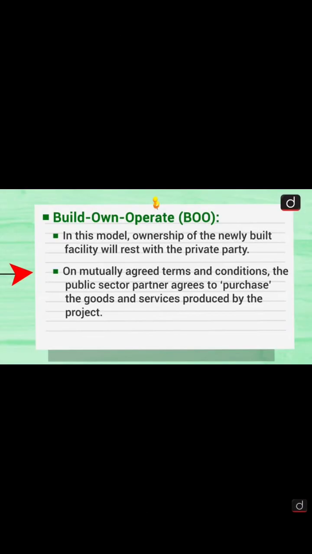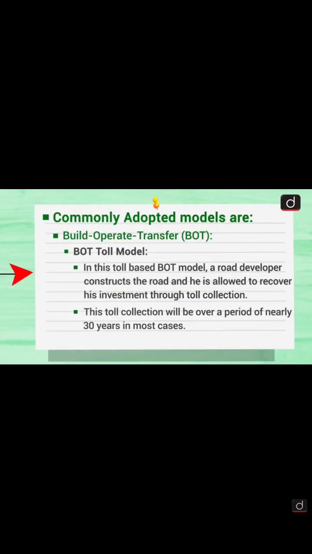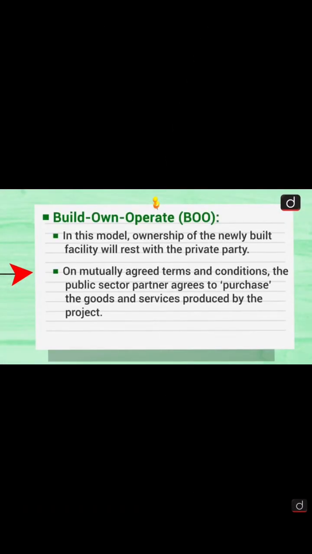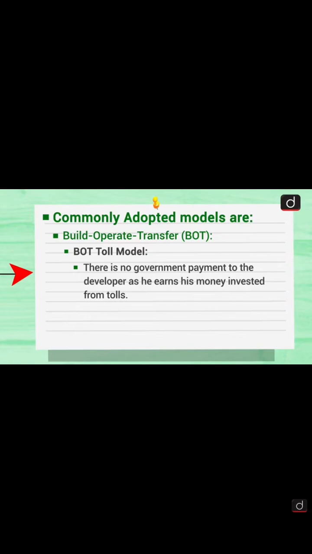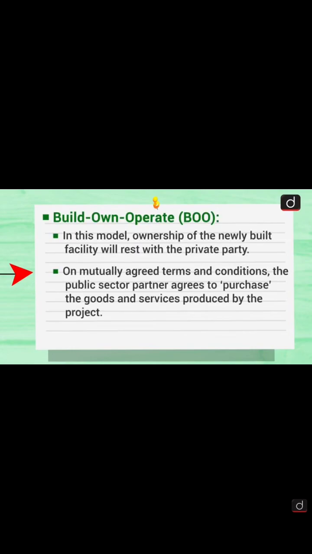So here, if we dig a little deeper into this model, we know ownership of a newly built facility will rest with the private party. They are saying that the newly built property or facility is held by the private party.